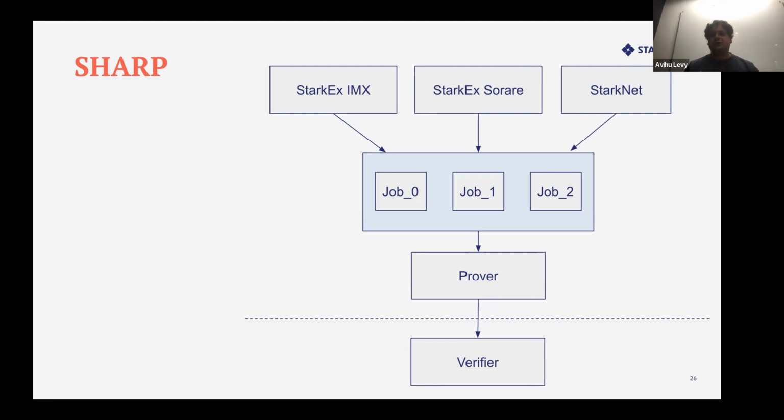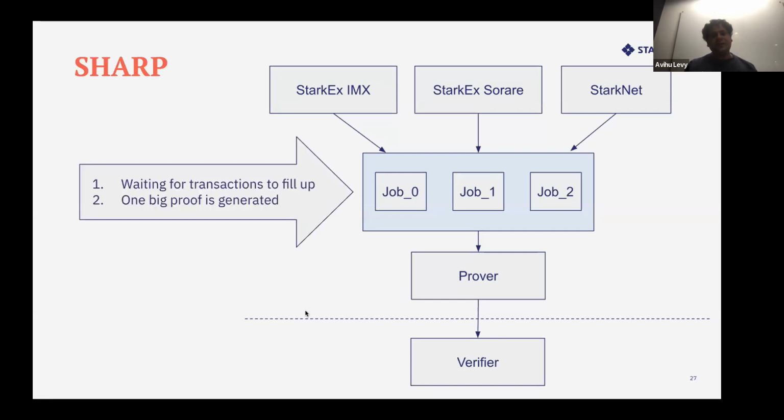One time because Sharp is waiting until enough transactions have arrived or enough time has elapsed before even starting to generate the proof. And then you still need to wait the entire time of the proof generation, and it only happens on a single machine every time. So it's fairly slow. And what we can do with recursion is that we can improve those 2 aspects.